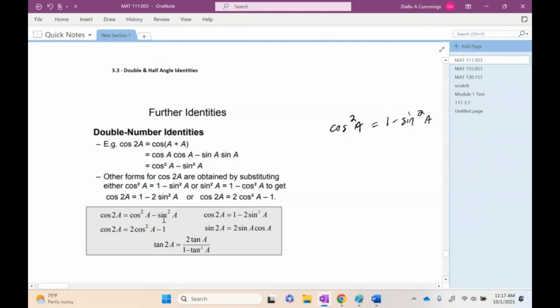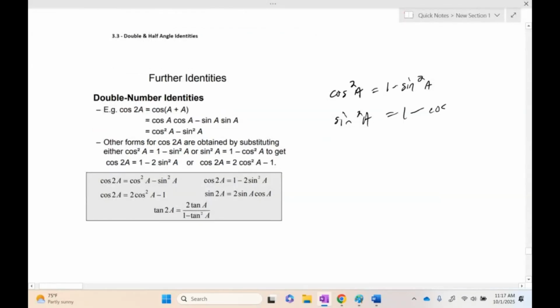And for the next formula, they just did the opposite. They took sine squared A and rewrote it as 1 minus cosine squared A, substituted it here, and out pops the next formula. It doesn't really matter which formula you use.